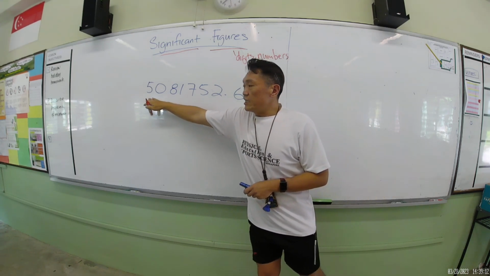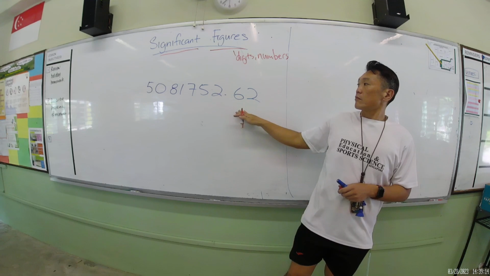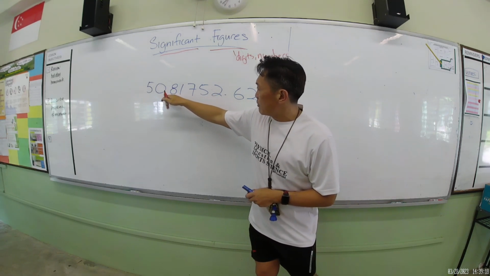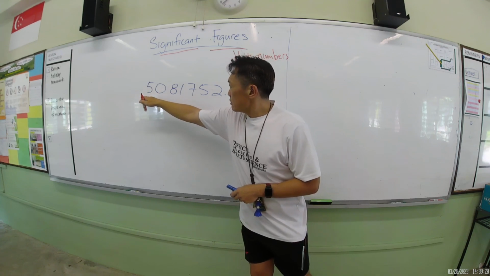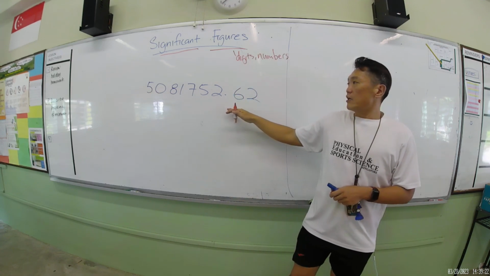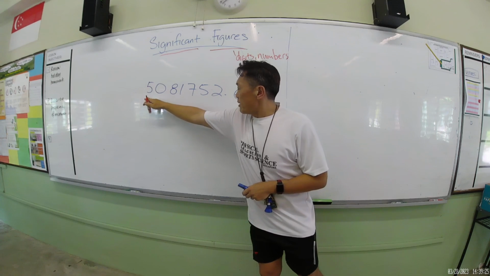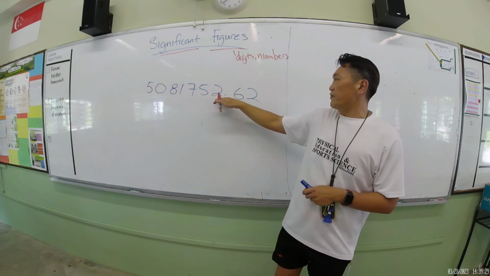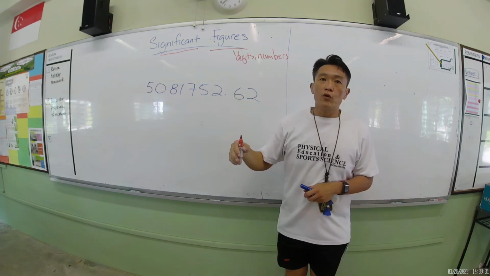So if we look at this number here, 5,081,752.62.